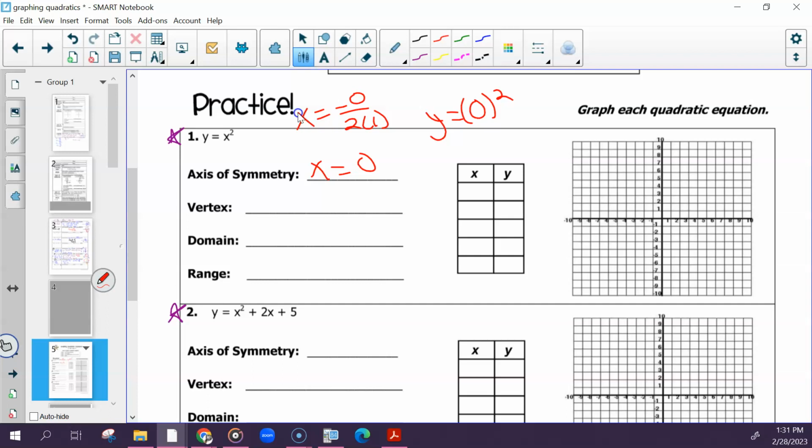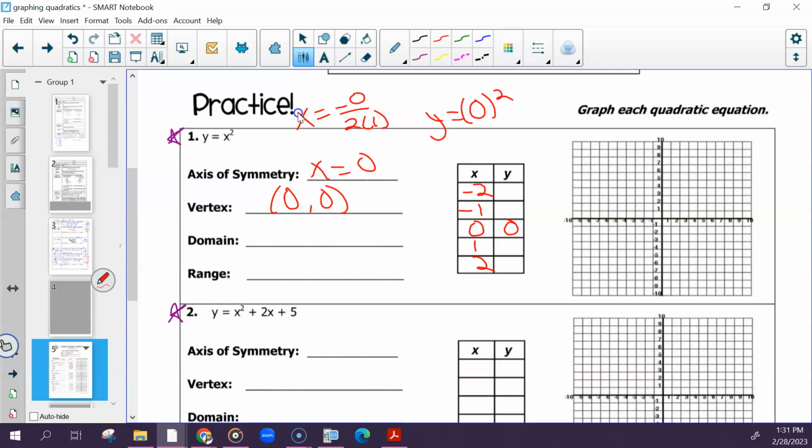Also 0. So our vertex is going to be 0, 0. The table, you're going to put this in the middle. And then you're going to go on your x's backwards and forwards. So backwards, we have -1, -2. Forwards, 1, 2.